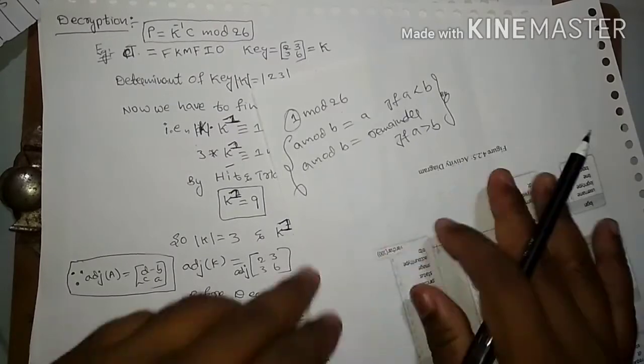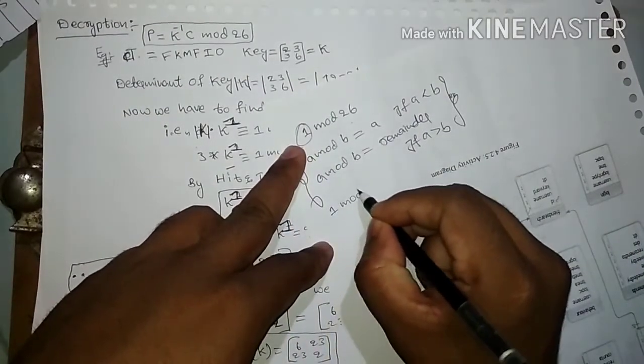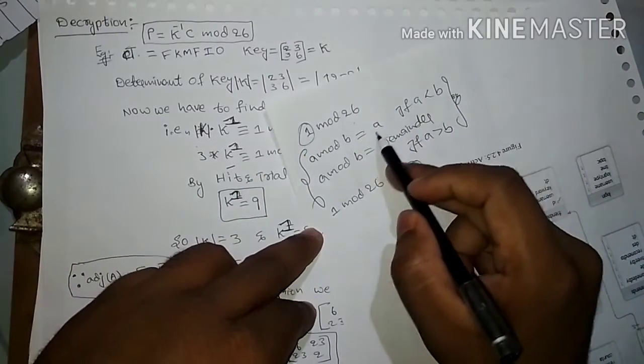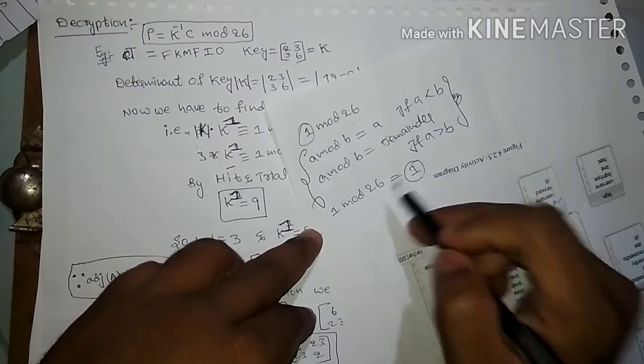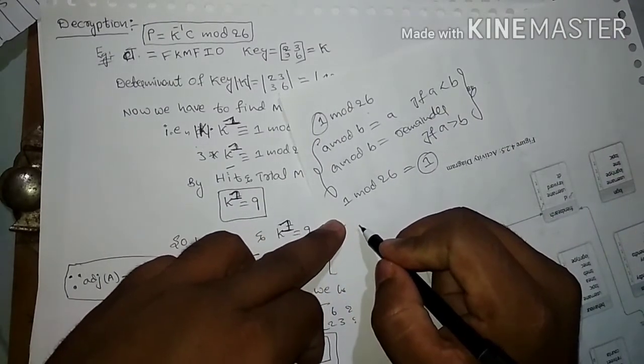So this is the criteria range for the modulus operation. Okay, let us see 1 mod 26. It will give 1 because a is less than 26. Next, when will we get 1?